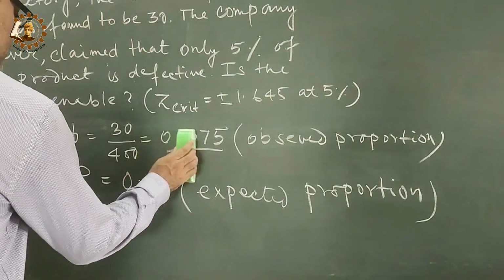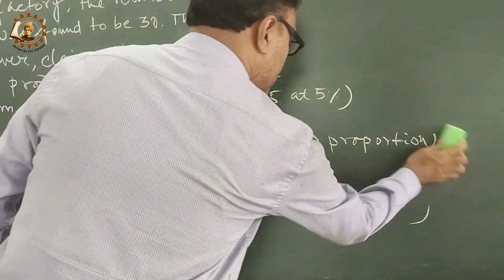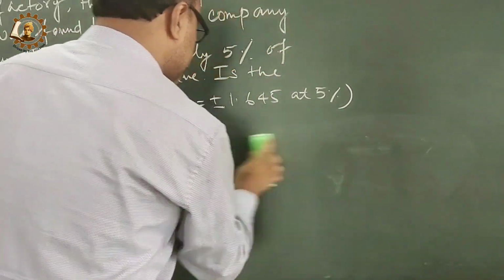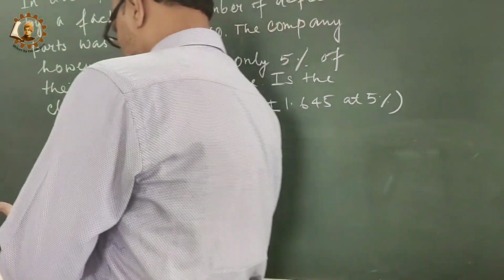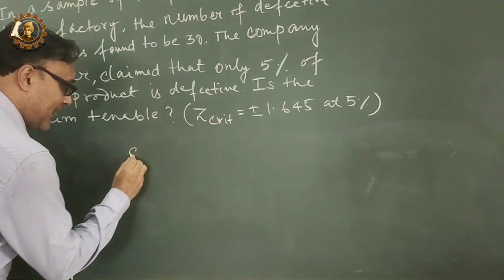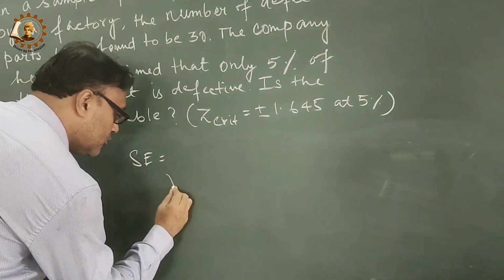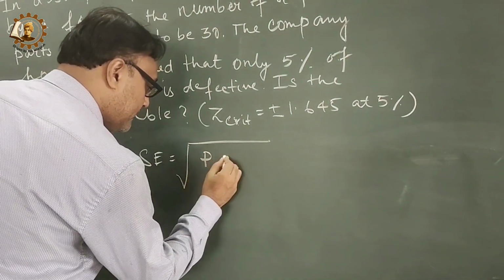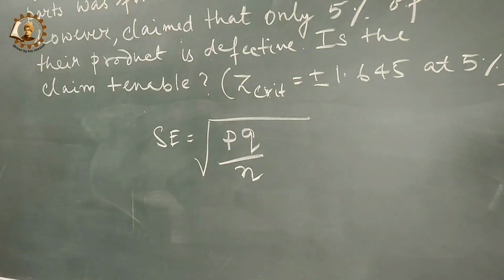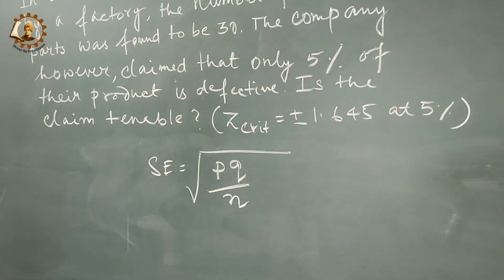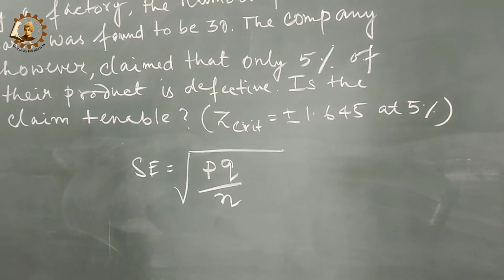Okay, now what is the standard error? So standard error is equal to root over of PQ by n. This is the standard error if we are taking proportion as the population parameter.